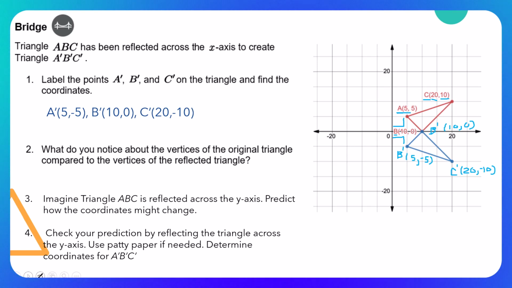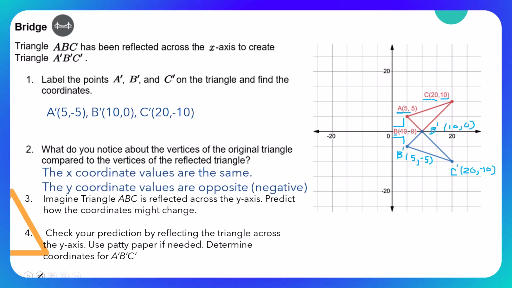A prime is 5, negative 5. B prime is 10, 0. C prime is 20, negative 10. And what I notice is that the x-coordinate values are the same, but the y-coordinate values are opposite because we went below the x-axis. We're going down in the y direction.